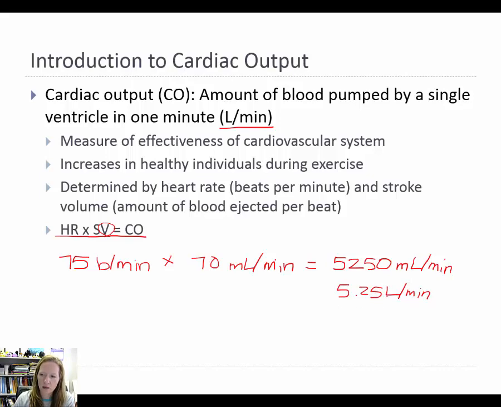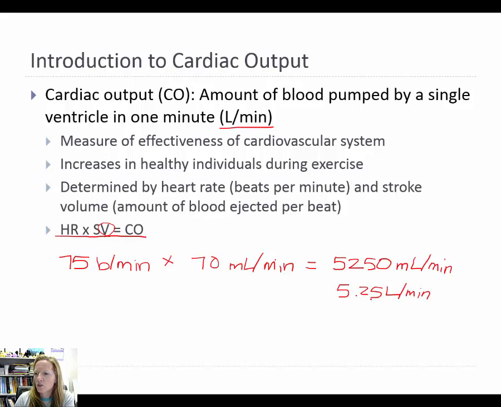Think about that. You have a little over 5 liters of blood pumping through that ventricle. And it says a single ventricle because, remember, we talked about how the amount of blood pumped from both ventricles is the same. So there's no sense in saying whether it's the right ventricle or the left ventricle. It's going to be the same amount.